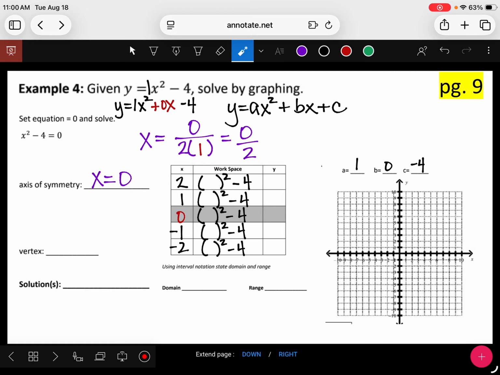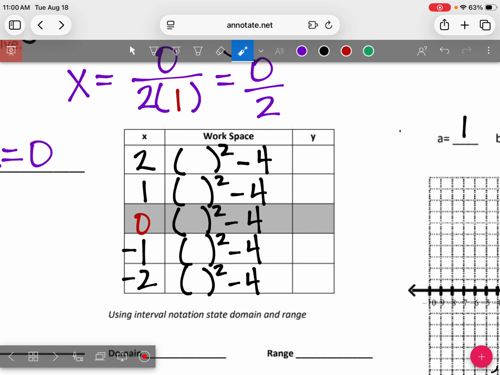A 1. So you could put a 1 in front of every parentheses. It's not wrong if you wanted to go back in and put a 1 in front of everything. But the reason why I don't put a 1 is because 1 times anything doesn't change it. But you could technically put the 1. The only time you have to put it is if it's not a positive 1. Does that make sense? Okay.